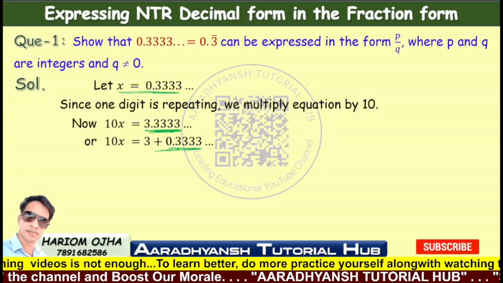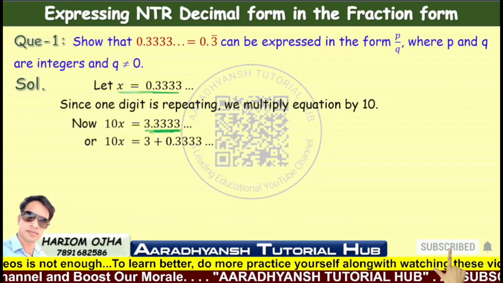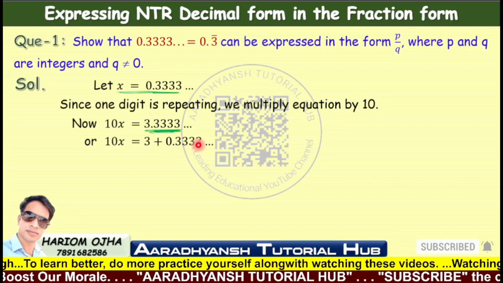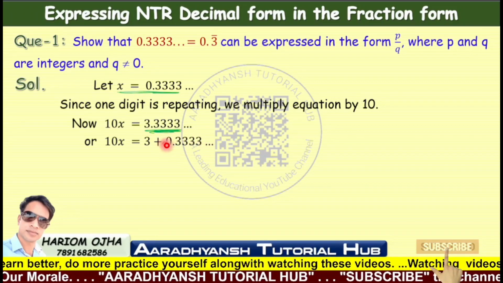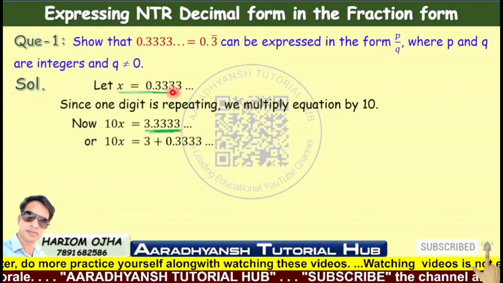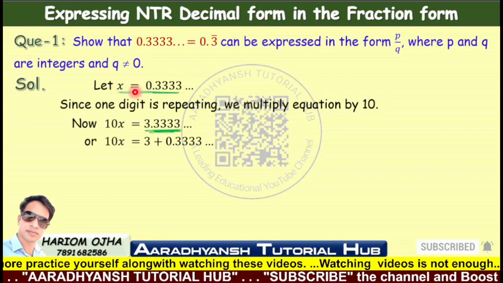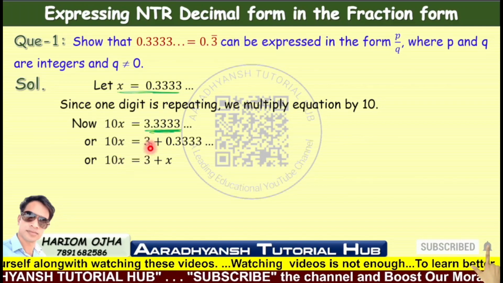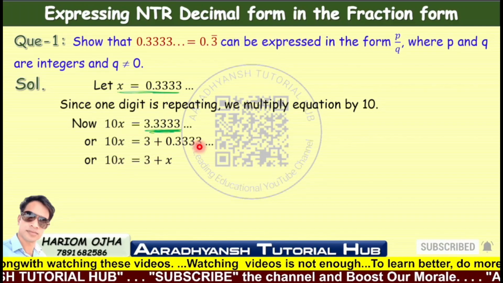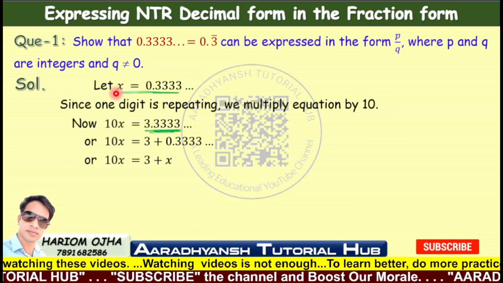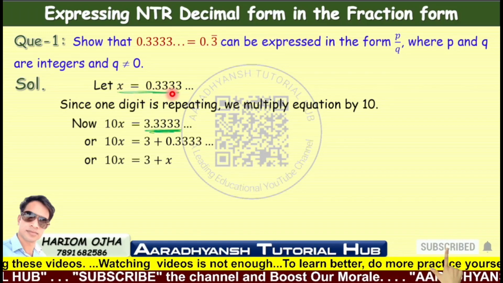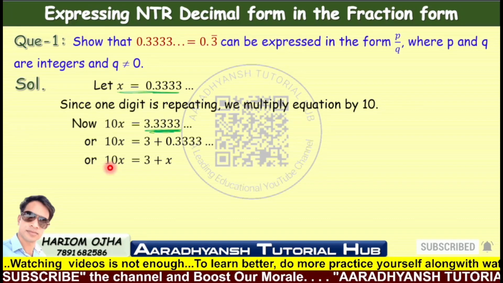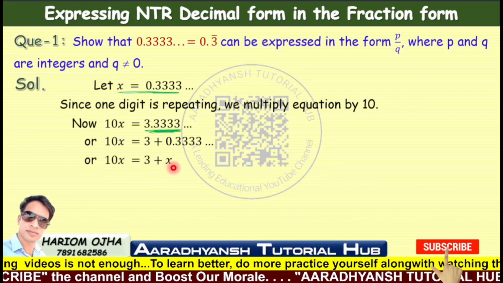When we represent this number in two parts, 3 plus 0.333, we can easily replace the decimal part by x, because we have assumed x equals 0.333 and so on. Now we have 10x equal to 3 plus x.